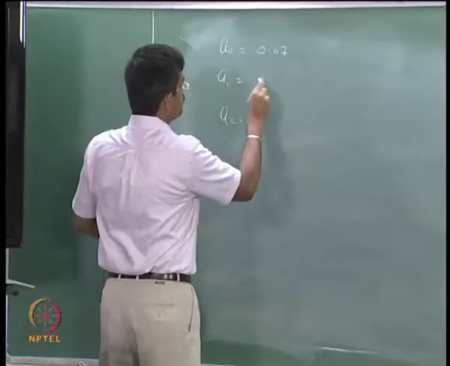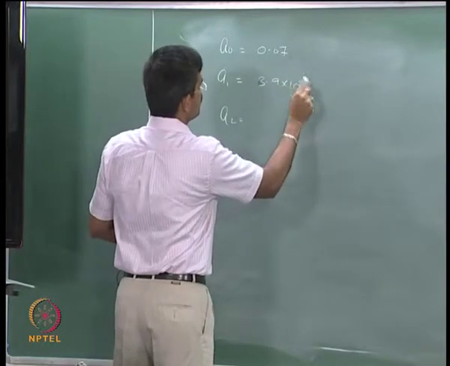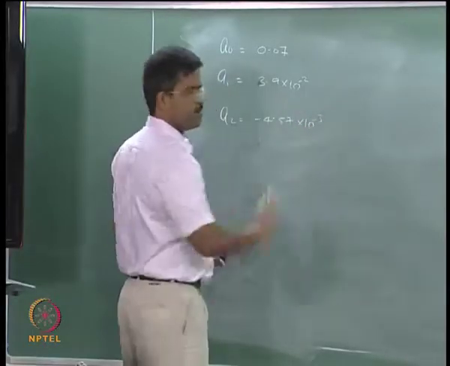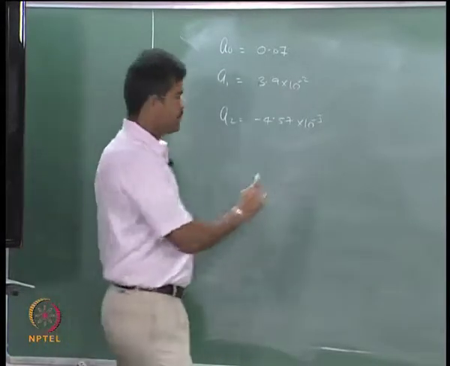This one or this one? A1, 3.9 into 10 to the power minus 4, and 4.57 into 10 to the power minus 6.